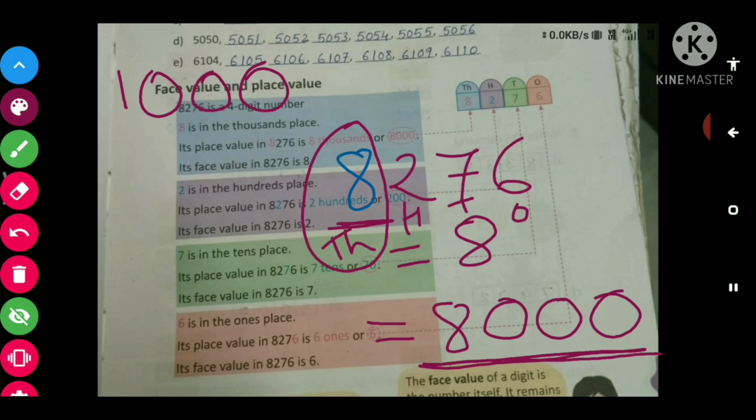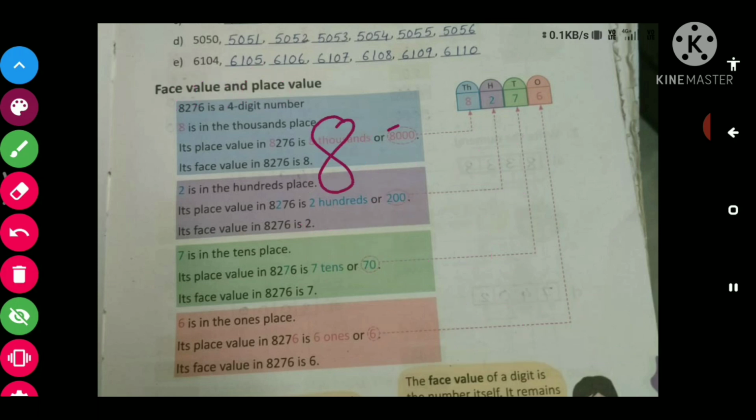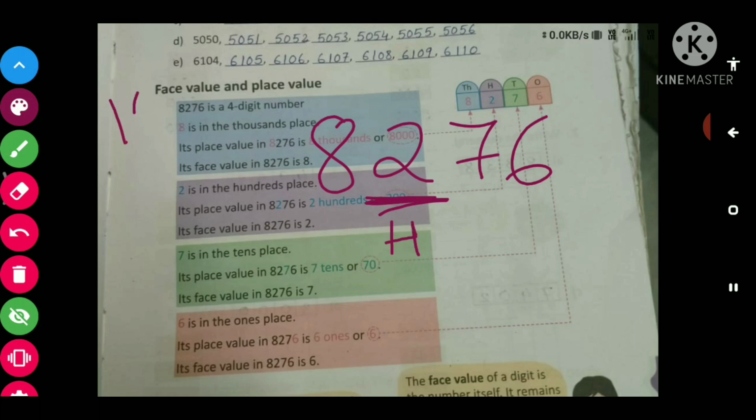Okay, if I am asking about the 2, in 8, 2, 7, 6, the place value of 2, so 2 stands in the 100 place. So 100 having 2 zeros, so we'll write the place value of 2 as 200.